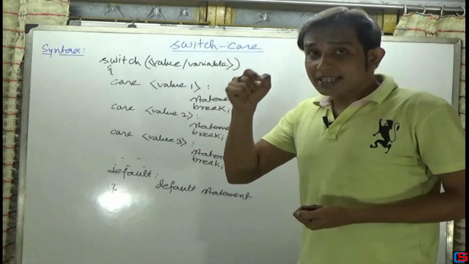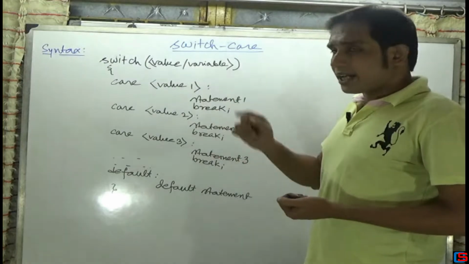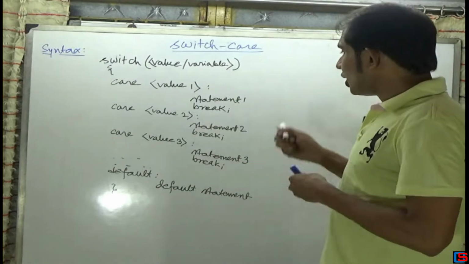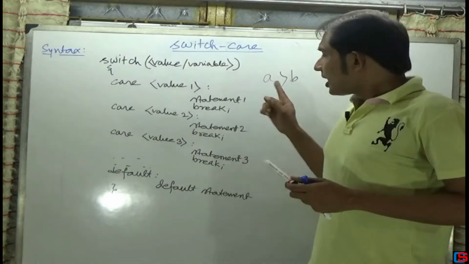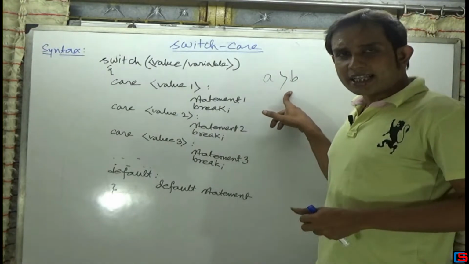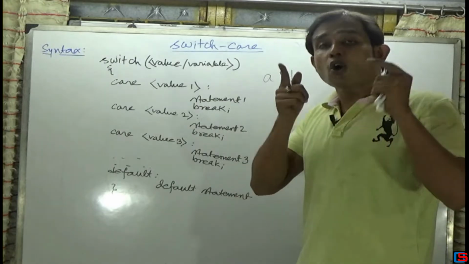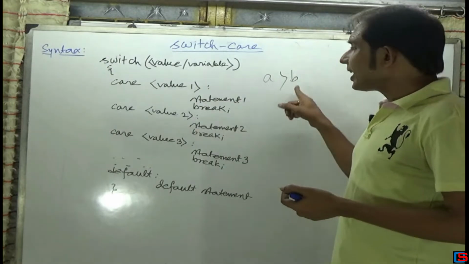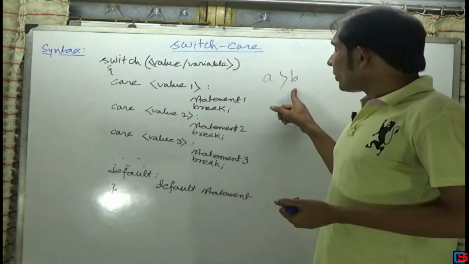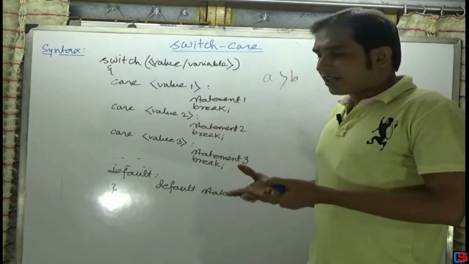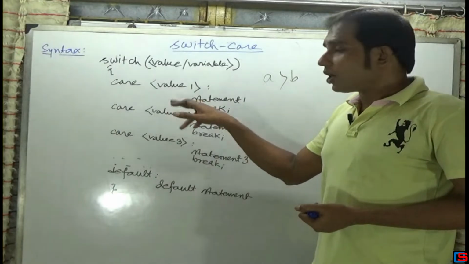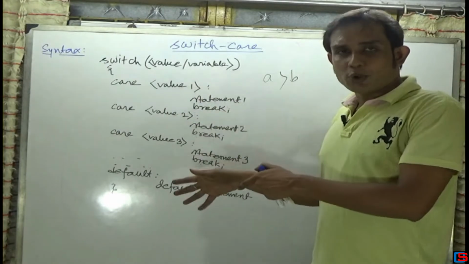We can only mention the value. Suppose a condition like this, A greater than B. So this is a condition. You can use this type of condition in all types of if, but in the switch case statement, we cannot use this kind of condition or any kind of condition in value 1 or value 2 or value 3 or any portion.